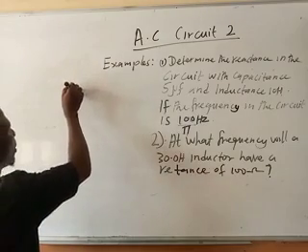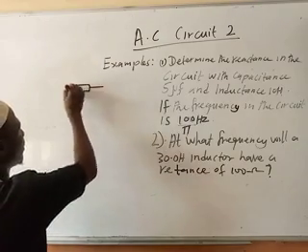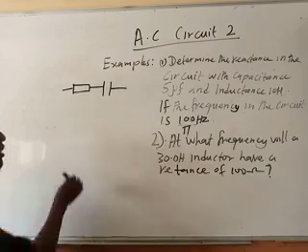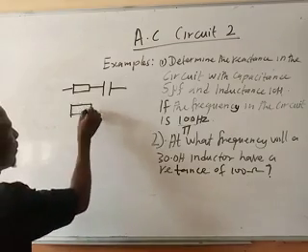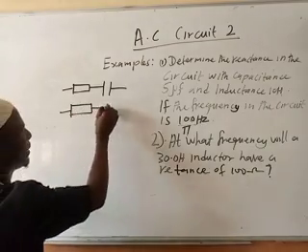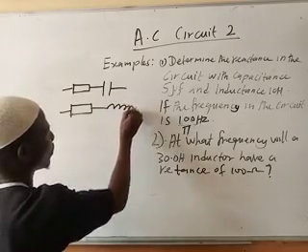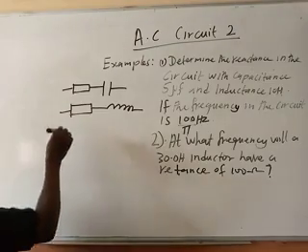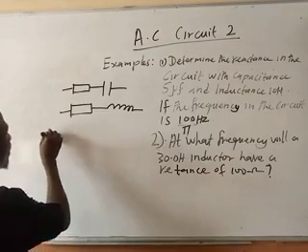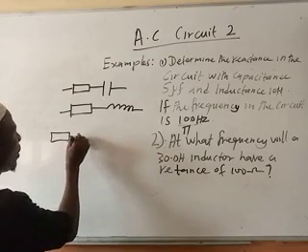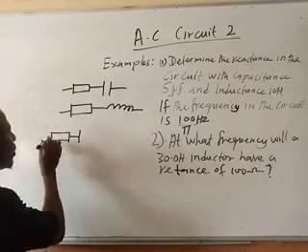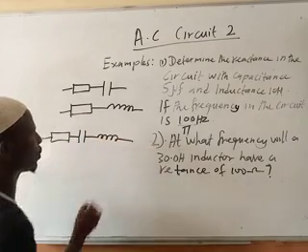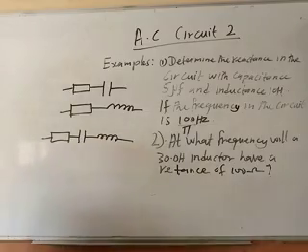If you have resistor and capacitor, it is what? Impedance. If you have resistor and inductor, we also call it impedance. But if you have resistor, capacitor and inductor, it is also called impedance.